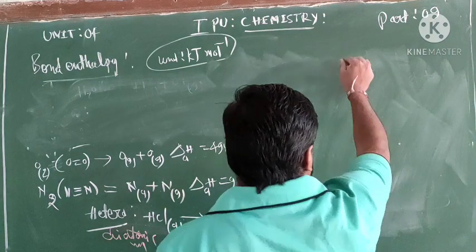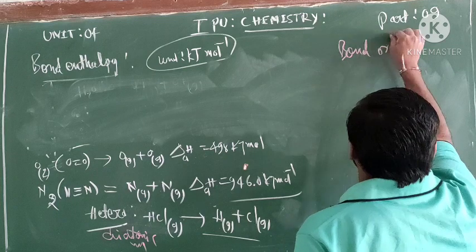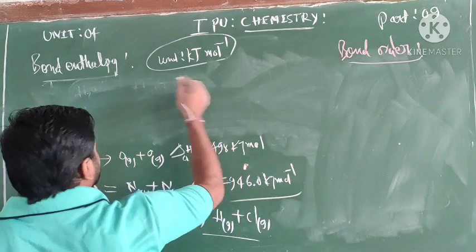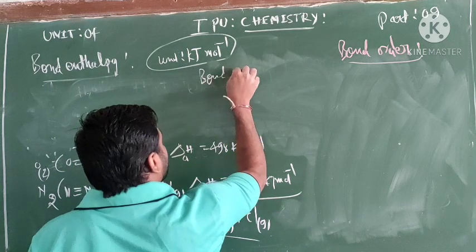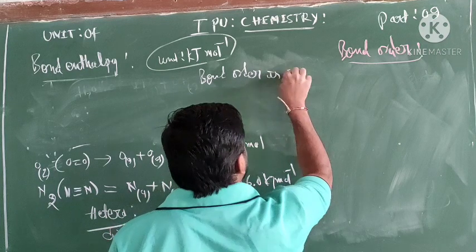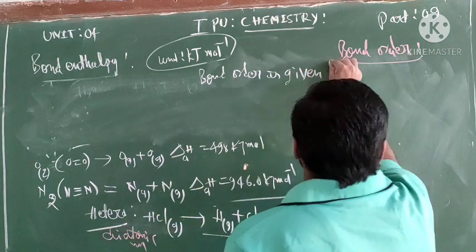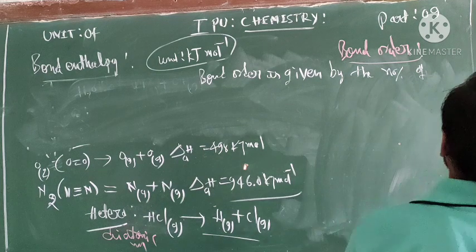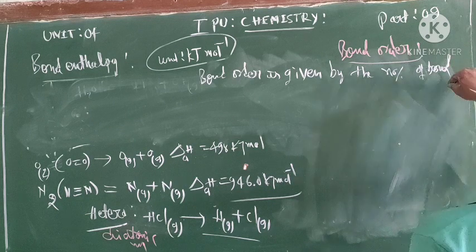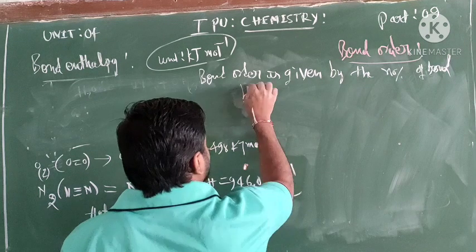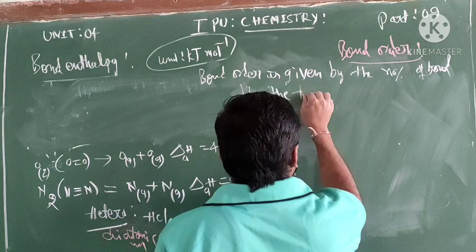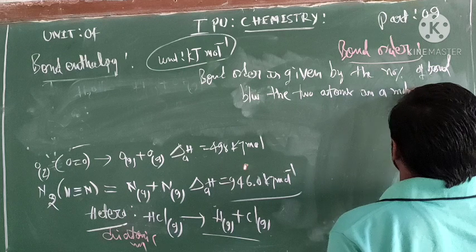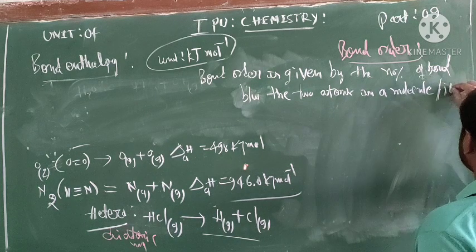Okay, students, next bond order. The definition: bond order is given by the number of bonds between two atoms in a molecule or ion.